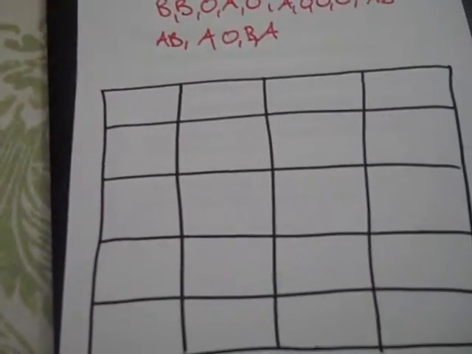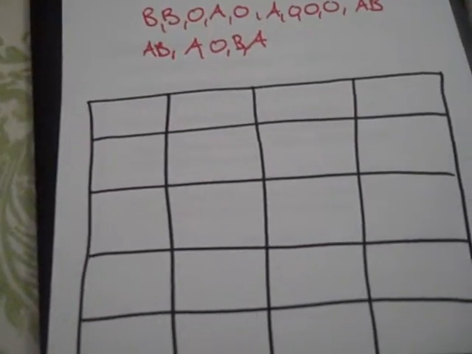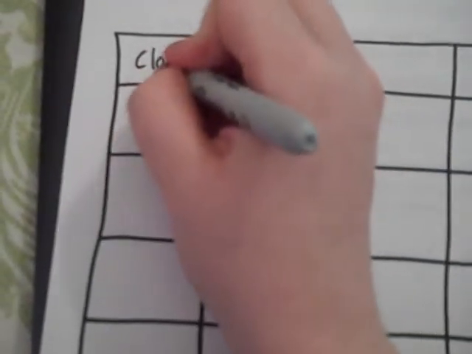The first thing on this table we are going to put is the class. Class is all the possible blood types.